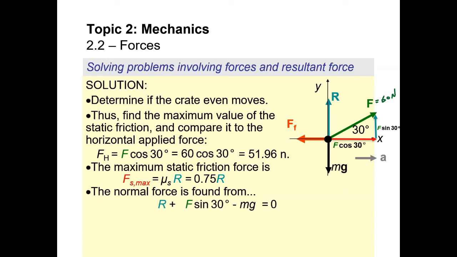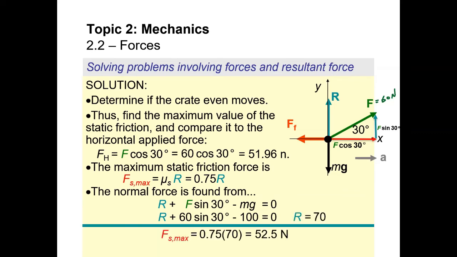So in the upward direction, R plus F times sine 30 degrees minus the weight mg. R plus 60 sine 30 degrees minus mass, which is 10, times acceleration due to gravity, 10, that's 100, equals 0. R equals 70.